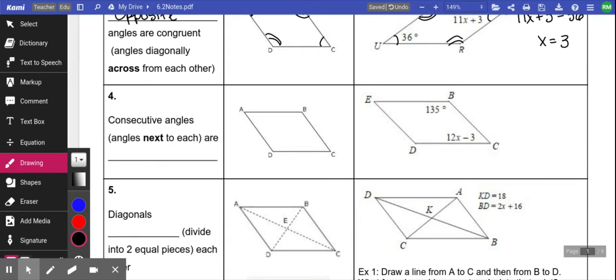Moving on to the next one, consecutive angles. So those are angles next to each other. They are supplementary. Remember, this means that they add up to 180.